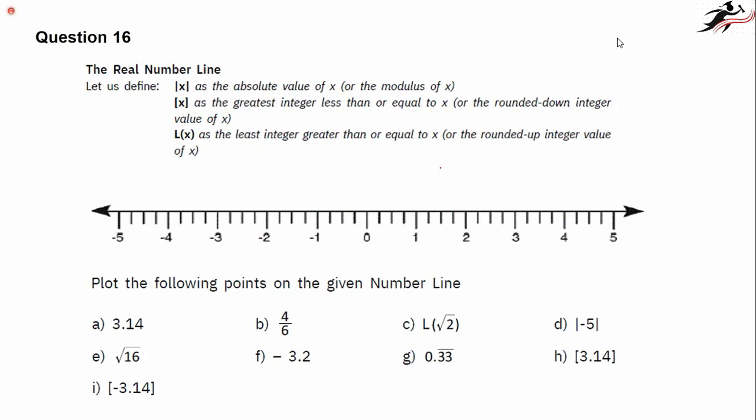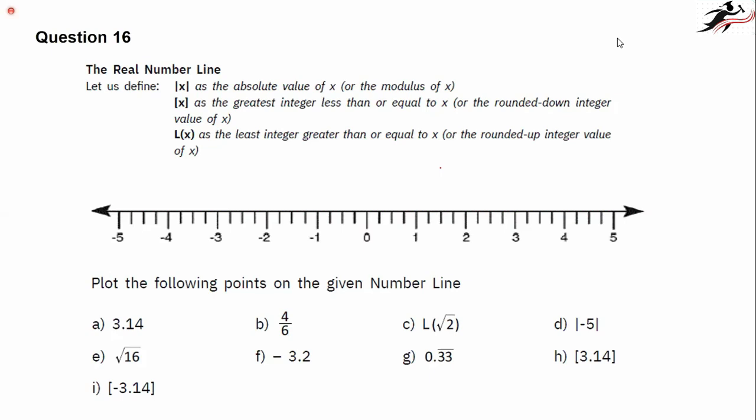Then root 16 can be marked at 4. Minus 3.2 wherever it is. 0.33 wherever it is. Mod of 3.14. Sorry, not mod. That's greatest integer. Sorry, my bad. Greatest integer of 3.14.